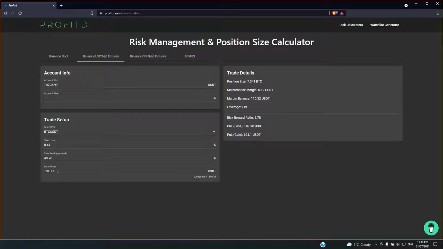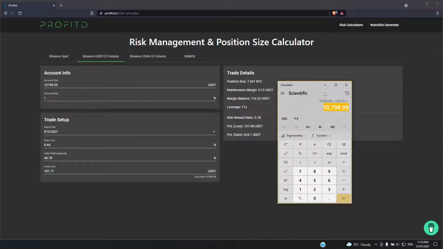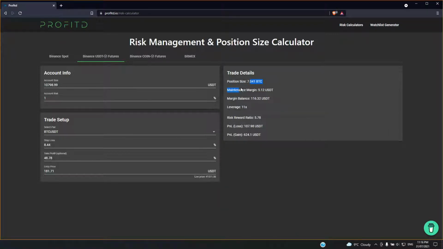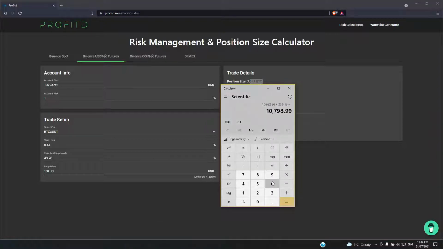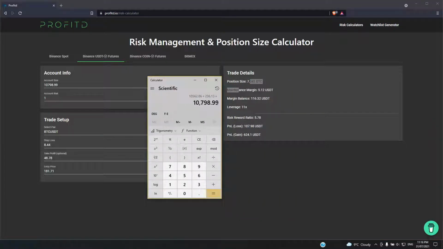On the previous trades, I don't think I changed the entry price, so our account size and whatnot might be a little bit out. But it'd still be the same loss as well, plus 624.10.